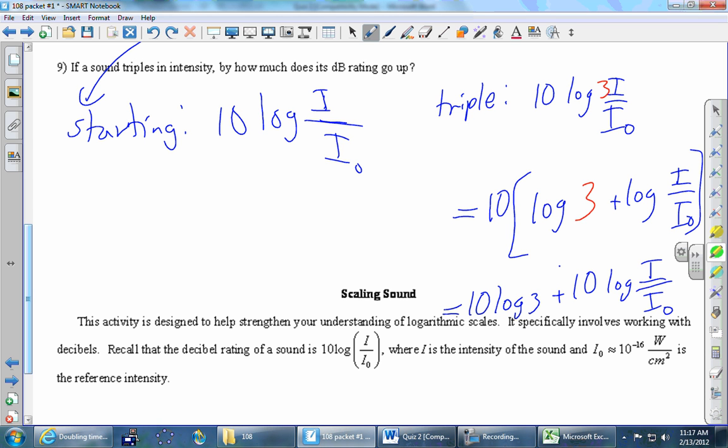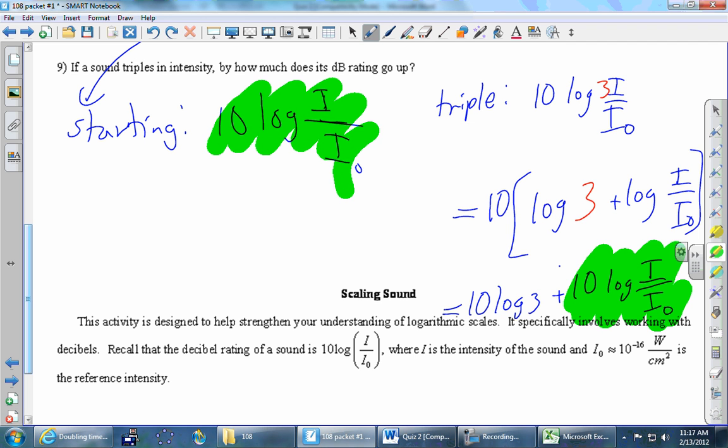What do we see? Yes, we got 10 log 3, and then what about the rest of this? This is what we started with. The goal is to make it look like it started. So it looks like it started plus this additional thing, which turns out to be 10 log of 3. So you can type 10 log of 3 on the calculator. What do we get?